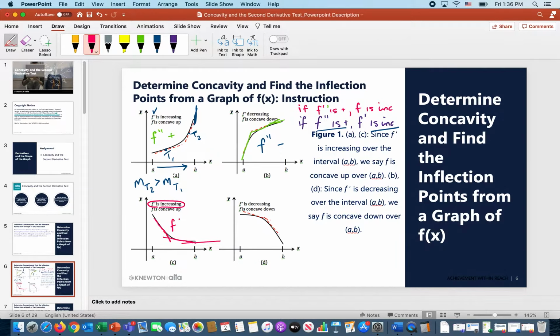And when f prime is increasing, f double prime is positive. Last one right here, I think we can see that this negative slope is not as steep as this one. So this is just another situation where f double prime is negative, because f prime is decreasing.